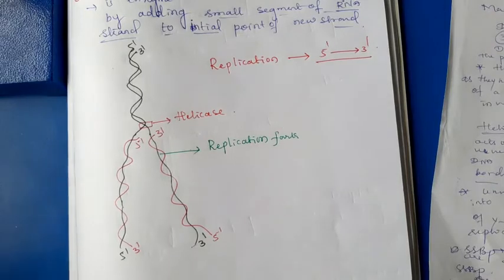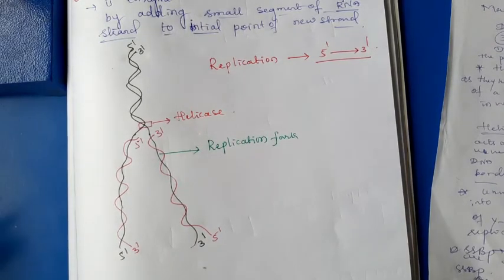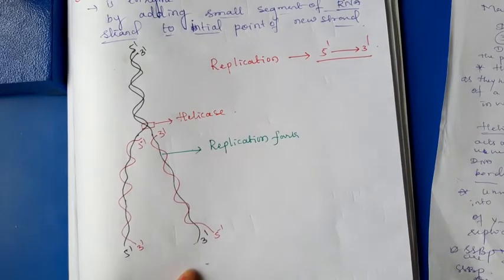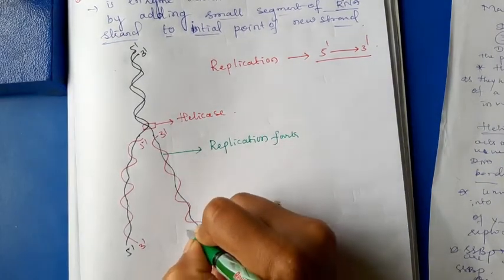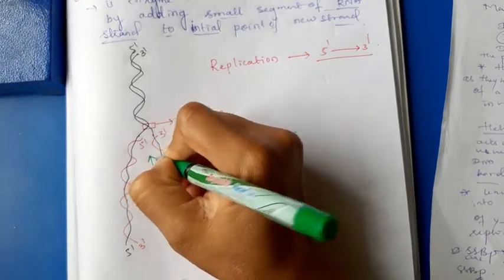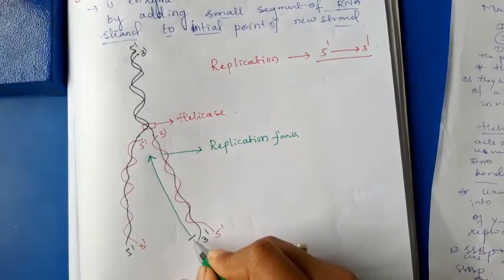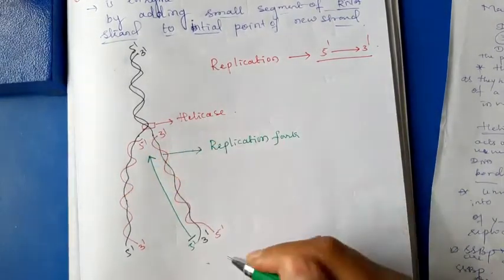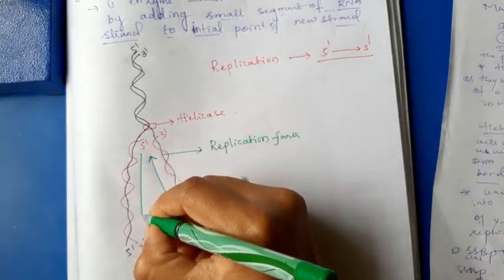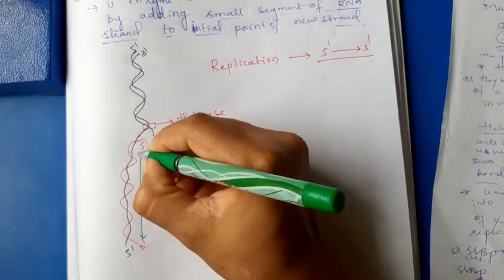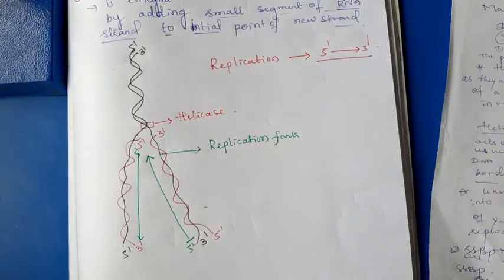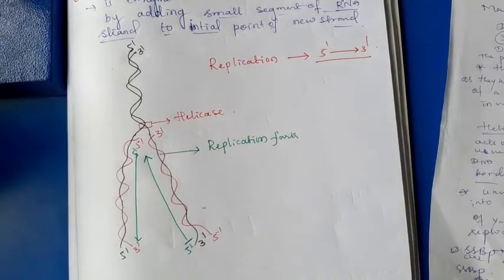This means the DNA replication always occurs in the opposite polarity of the replication fork. If it is the 3' direction, the synthesis always occurs like this, from 5 prime to 3 prime. Here the direction is like this, from 5 prime to 3 prime. This is known as the replication process.